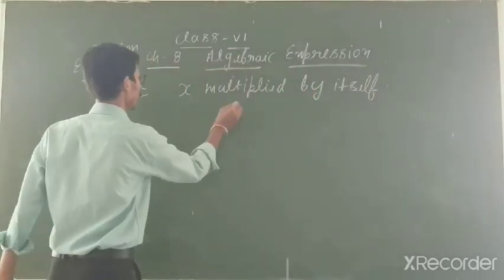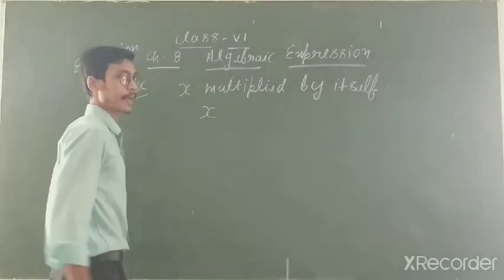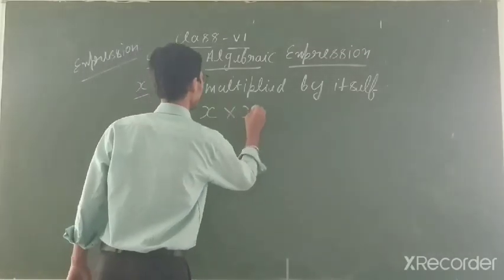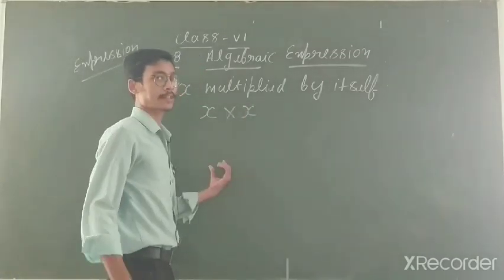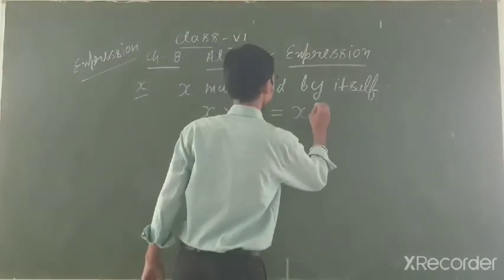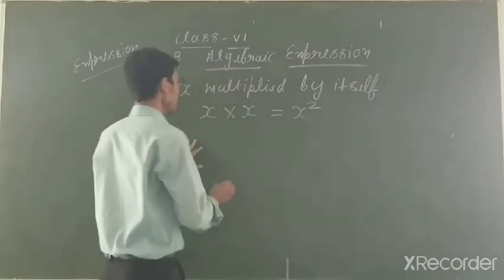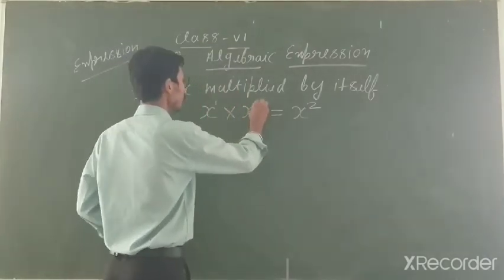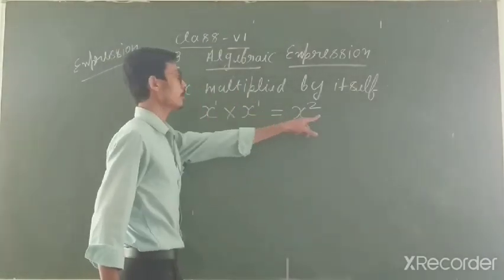Clear, student? Yani you will write x multiplied by itself, yani x multiplied by x. Clear, student? So x multiplied by x equal to what? Equal to x square. Why x square, student? You know that here 1 is given, here also 1 is given. So this 1 and this 1 become 2.